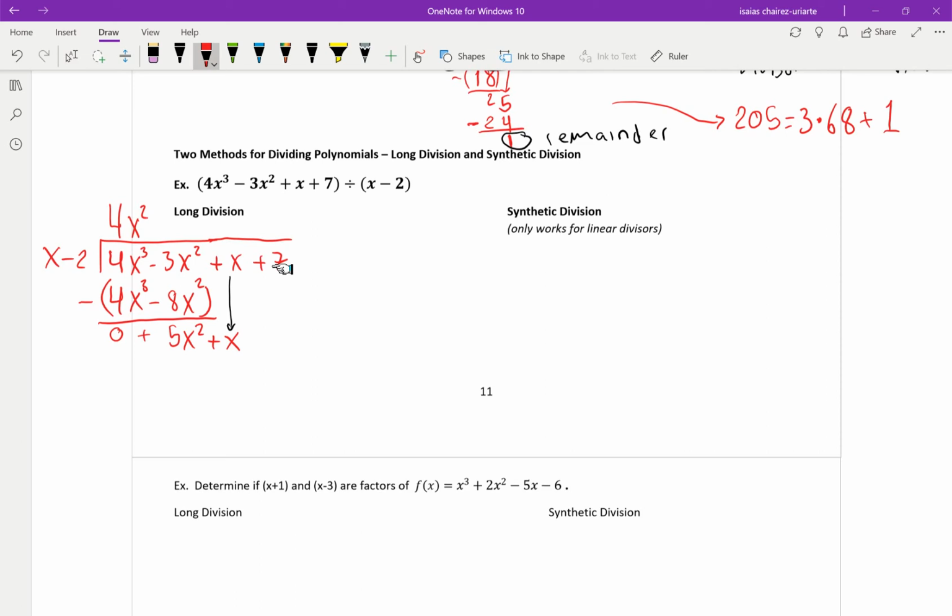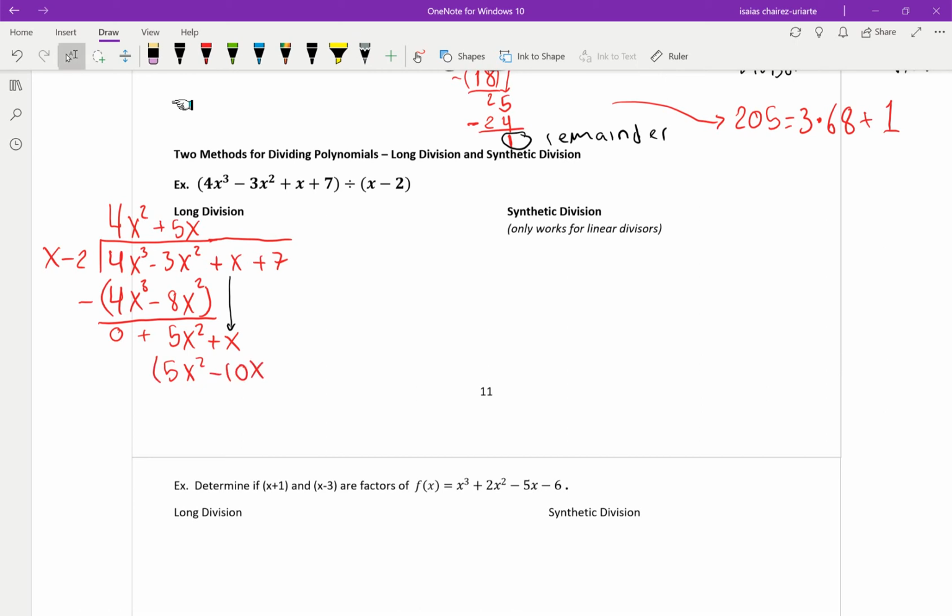So that was the first step in trying to form my quotient. Now the next step, I've got to think, something times x should give me 5x squared. And I think my option there is 5x. So I'm going to say plus 5x. So 5x times x, that's 5x squared, and 5x times negative 2, that would be negative 10x.